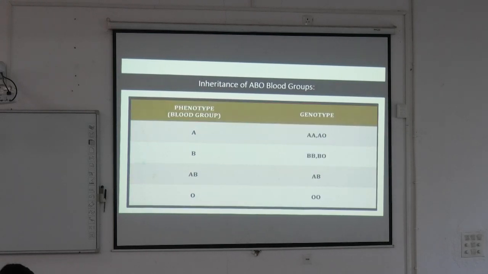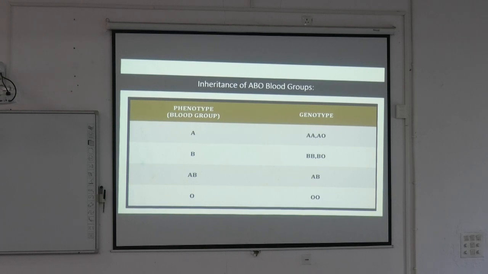So inheritance of ABO blood group, MCQ question: the blood group inheritance is a codominant type of pattern. So for phenotype A blood group, the genotype may be AA or AO. As this is codominant, presence of A antigen makes the phenotype A. B phenotype: BB or BO. Okay?